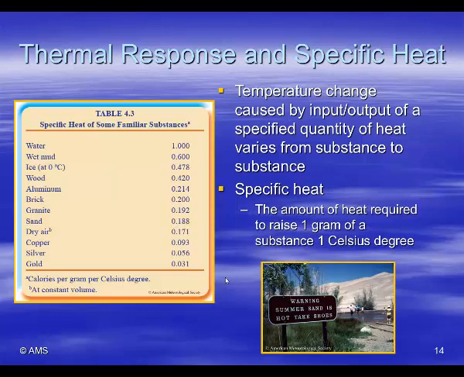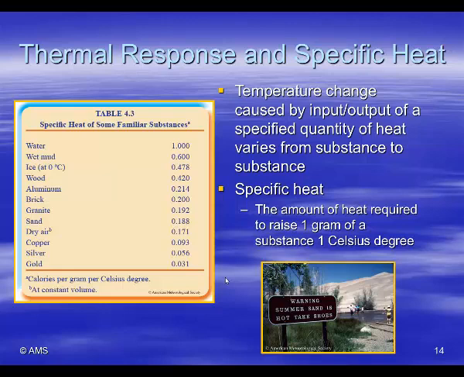So this is important when we're talking about things like offshore breezes. You might notice when you go to the beach this summer, if you go early in the morning, the sand is cool and the water's at some certain temperature.